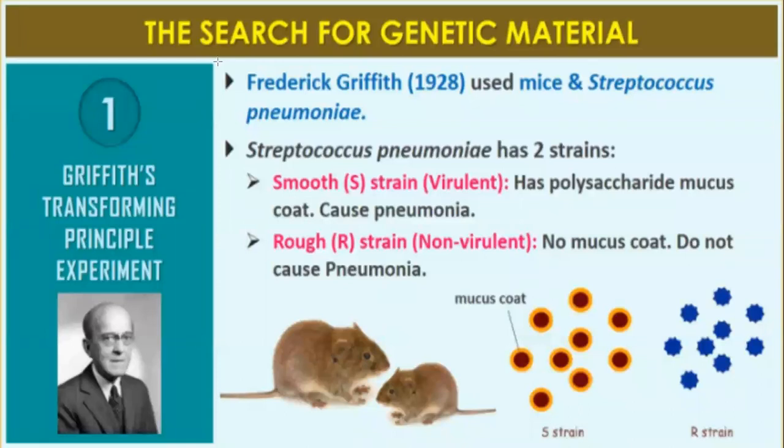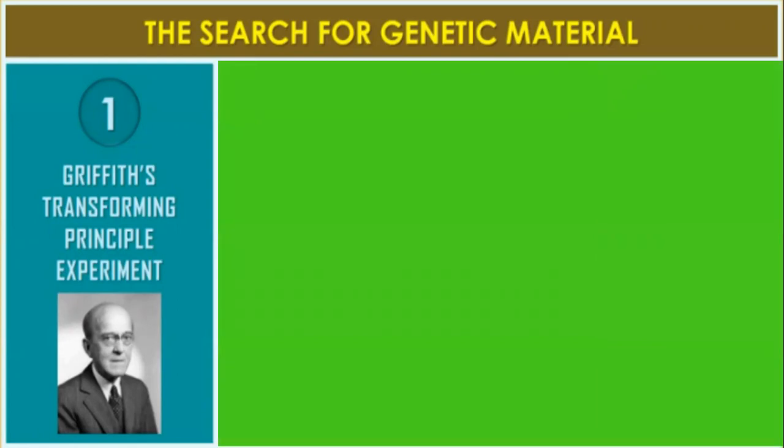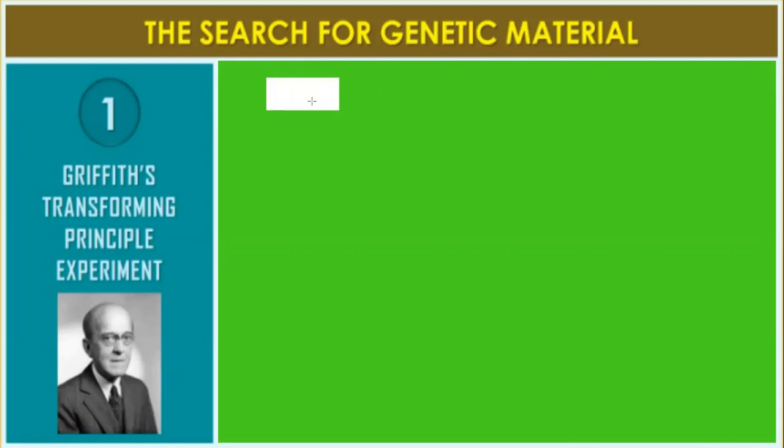Now I am going to draw the structure of S-type bacteria and R-type bacteria. For the S-type bacteria, I'm going to draw one layer, and now another layer. This is capsulated.